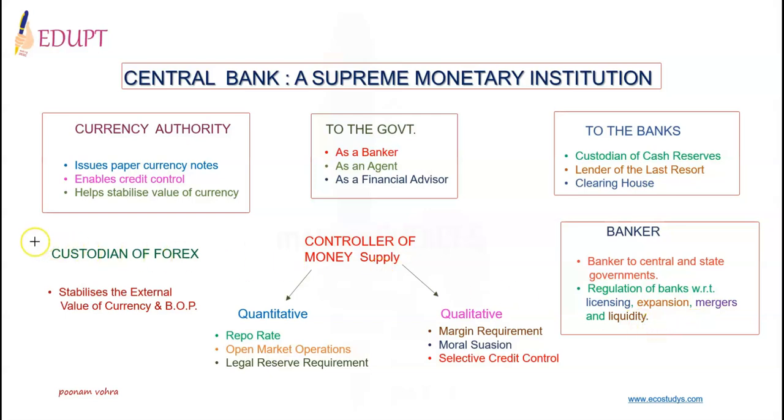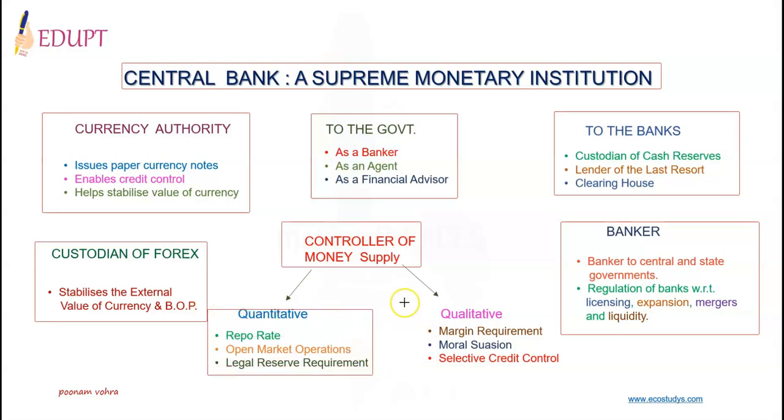Not only that, it is a custodian of foreign exchange reserves and stabilizes the external value of currency and balance of payments. Finally, it is a controller of money supply and adopts various quantitative as well as qualitative measures in order to control economic fluctuations like inflation or deflation in the country.